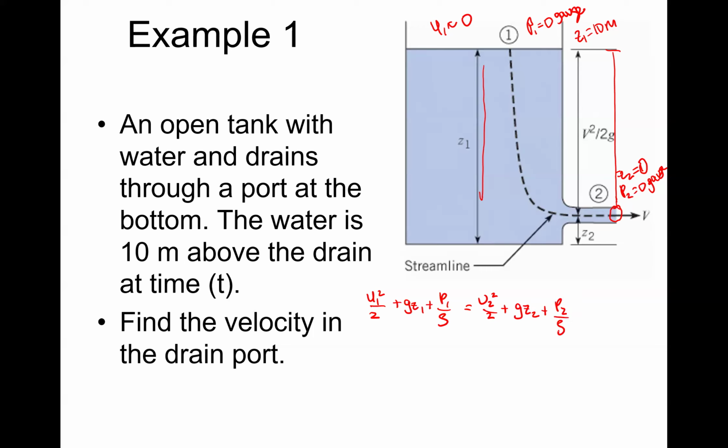And I now say this is 0, and this is 0, and this is 0, and this is 0. So that u2 squared over 2 equals g times z1.